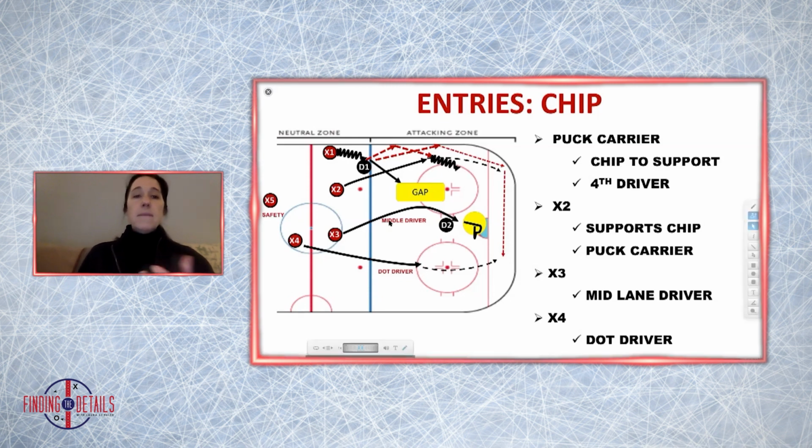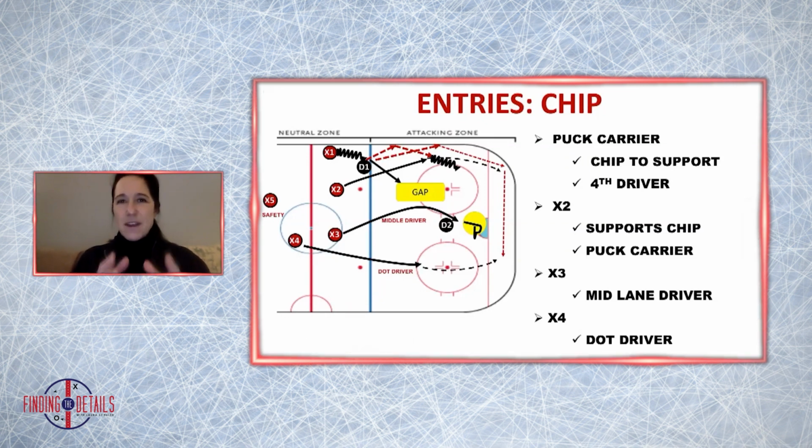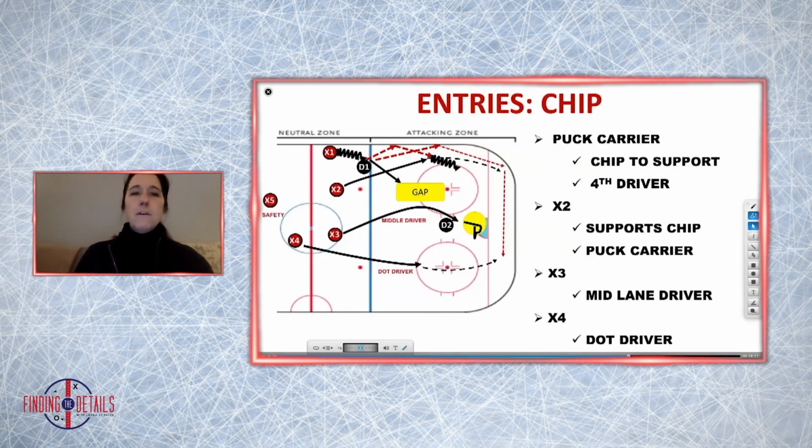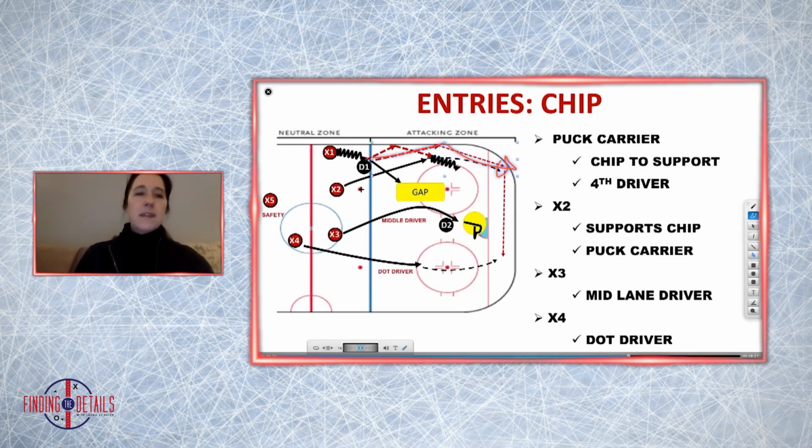So that's awesome. But sometimes when we come into the zone, you're going to find that you're not able to get the puck to net. But you've got to keep the puck alive and keep puck possession. So another thing we can always do is chip that puck deep into the zone. And when we do that, our X2 is going to be in a great position to recover that puck.